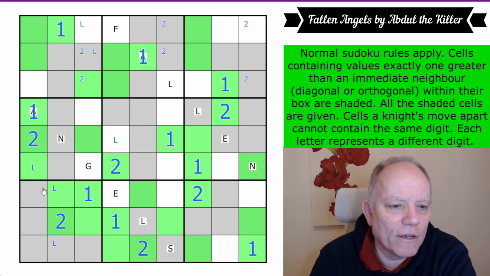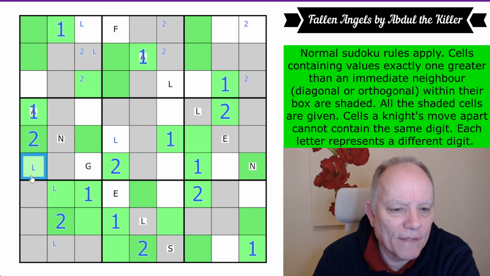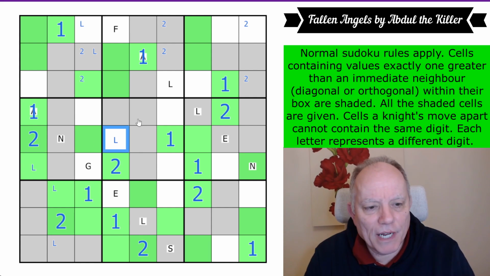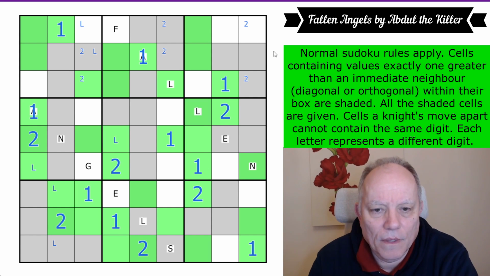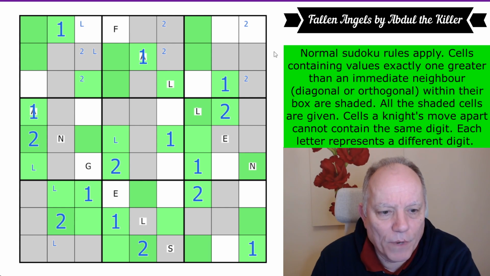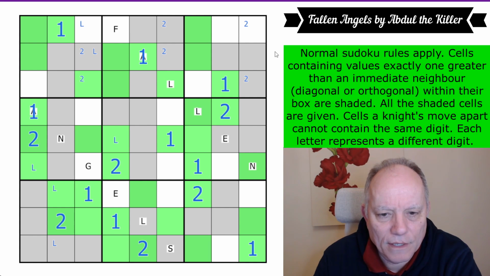No, it can't. Look, I've coloured L here, and that's a definite L. That's really helpful. So 3 can't be L, and that gets rid of 3 more cells. Now, where is 3? Which box is going to tell me? Or have we actually shot our bolt and run out?